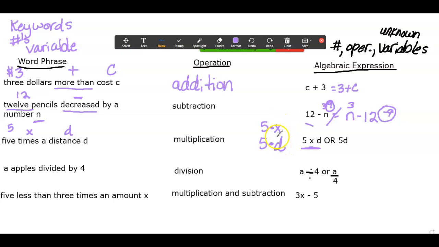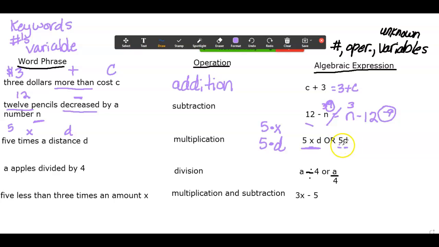But most of the time when we are doing algebra, we have a number that is right next to the variable. It always, always, always, always means to multiply the number times that variable. You'll hear me say that a lot. It does not matter what the number is, it does not matter what the variable is.